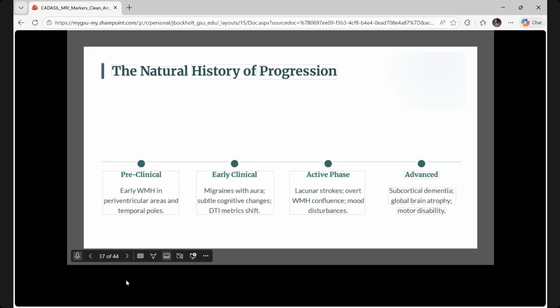Next slide. Another thing that's helpful to have in mind is that there are preclinical, early clinical, active, and then advanced progression markers, and we are assessing each of these.